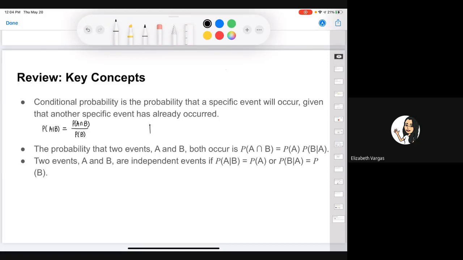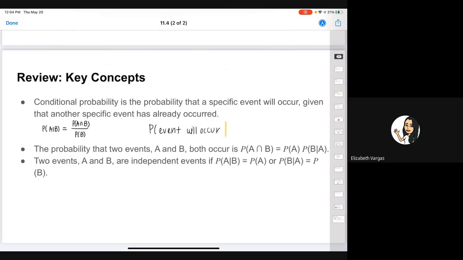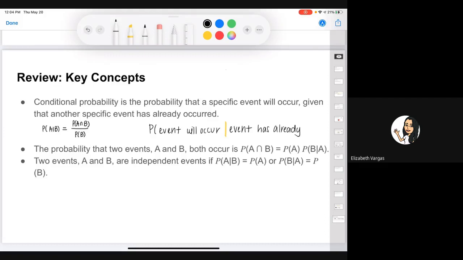And we remember that we write our conditional with this symbol representing given that an event has already occurred.